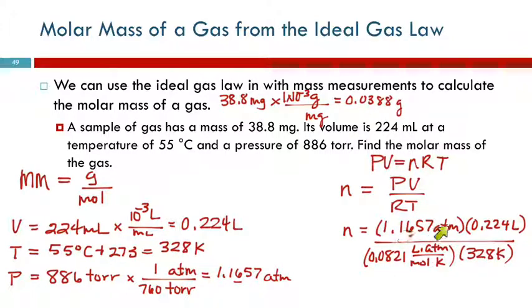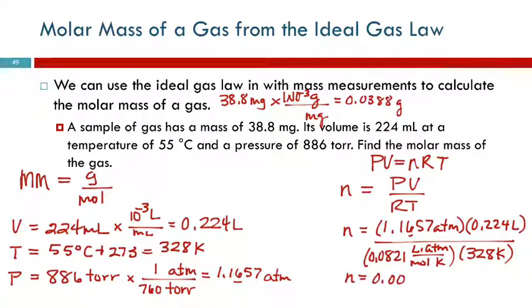Now, doing this on your calculator, I've got two numbers in the denominator. So if you like to multiply, use parentheses. 1.1657 times 0.224 divided by, use the parentheses, 0.0821 times 328, close the parentheses, equals. n equals 0.00.